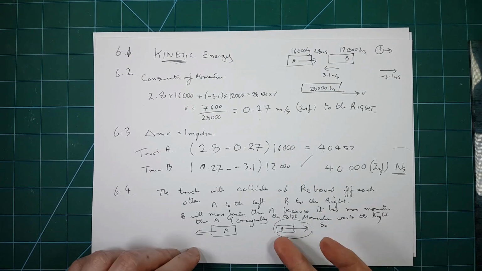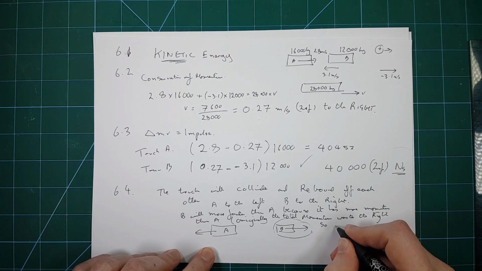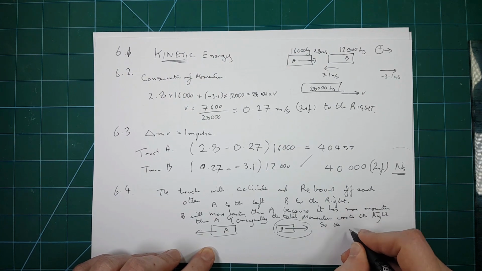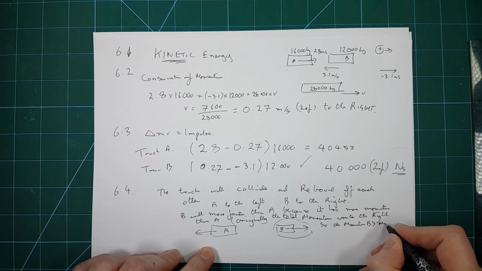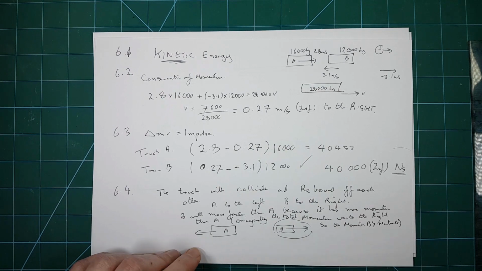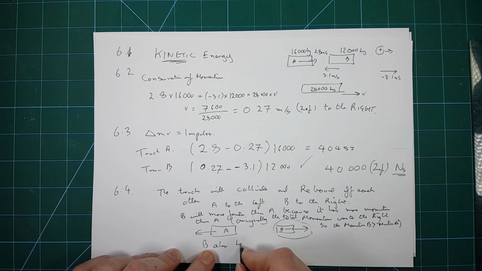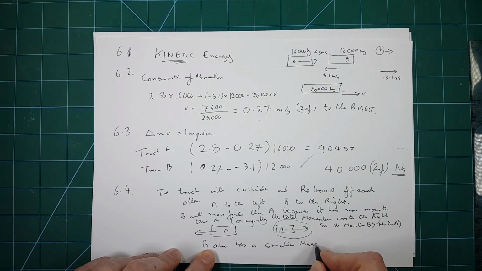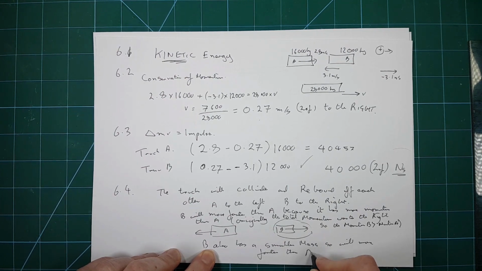So the momentum of B has to be bigger than the momentum of A. And the second reason that B will move faster is because it has a smaller mass. B also has a smaller mass, so will move faster than A.